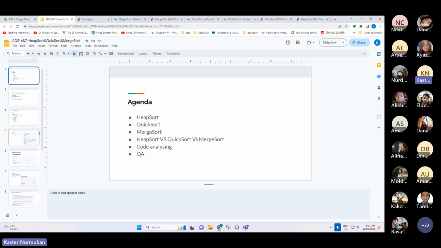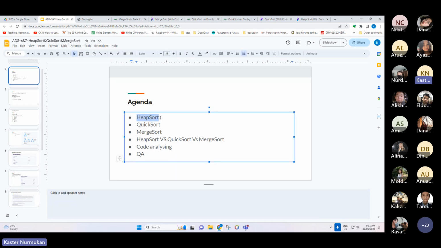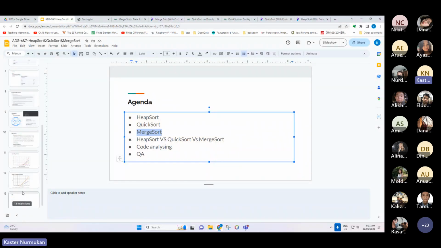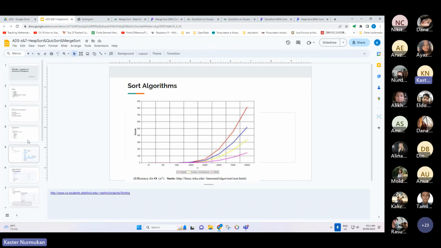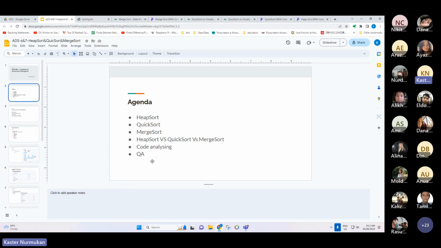All right, so let's introduce heap sort first, because this is important, and then we are going to introduce quick sort and merge sort. Actually, this course will also include merge sort, and the reason for putting them together is this article, so we can compare them.